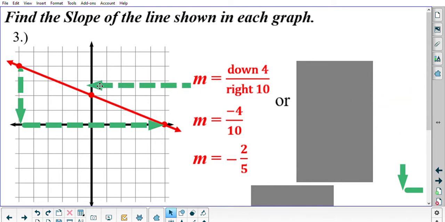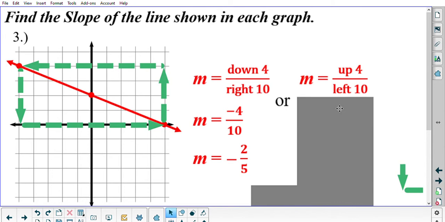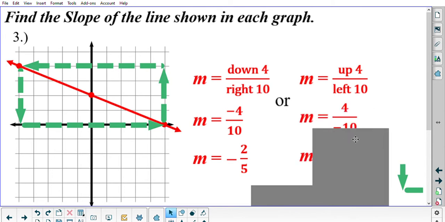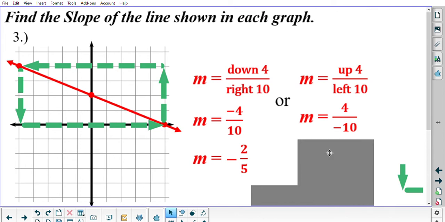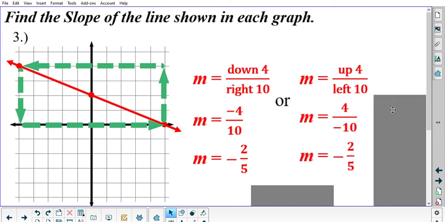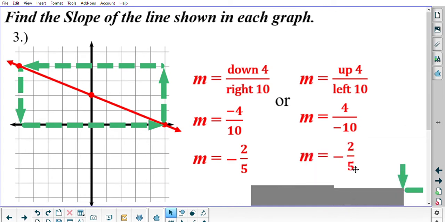But if you started at the point on the bottom right, then you would have gone up 4, left 10, and that would be a +4 over a -10. They're still both reducible by 2. And remember how I told you, it's very rare to keep the negative in the denominator, so I would still call it -2/5. Now, you might have noticed I did something a little interesting on this problem.